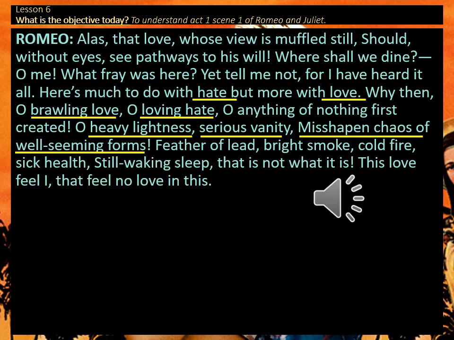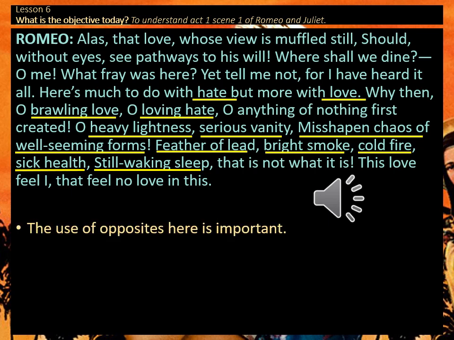Misshapen chaos, something that's sort of all over the place and not the right shape. Of well-seeming forms, things that are well put together. A feather of lead, lead is something really heavy, a feather is something that's really light. Bright smoke, smoke is something usually quite dull. Cold fire, sick health, still waking sleep.